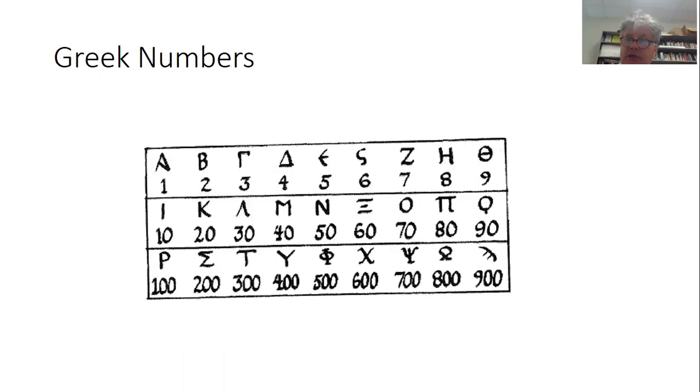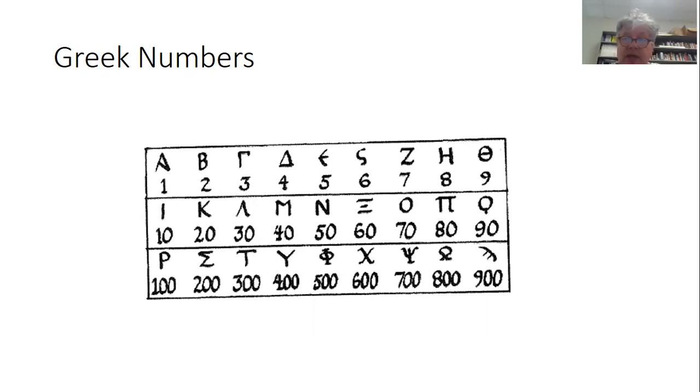And so the Greeks had their number system. The Greek alphabet has 24 letters, but they needed 27 letters for their cipher system. So they used the Phoenician alphabet, which is kind of older. It's what they took the Greek alphabet from. So you can see alpha, beta, gamma, delta, all that there.